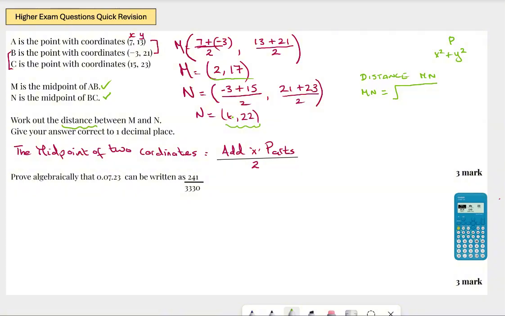So let's have a look. What you have to do there is our x and our y. So we're going to take 6 minus 2 equals 4. So that's 4 squared. Well, plus. And the next one is going to be 22 subtract 17 equals 5. So obviously, there we go, I'll pop that there.